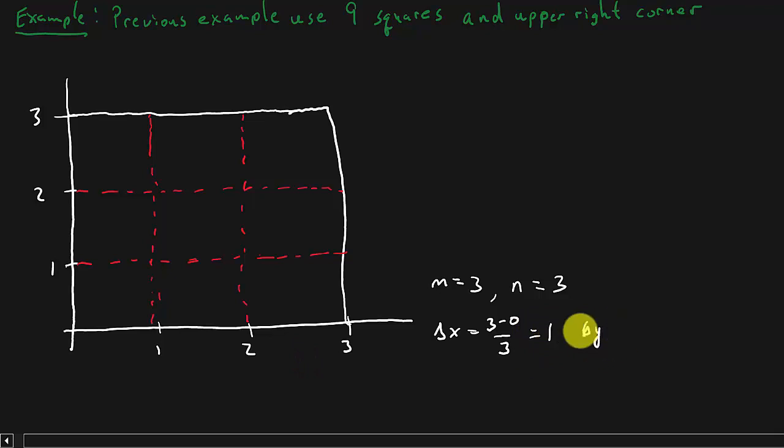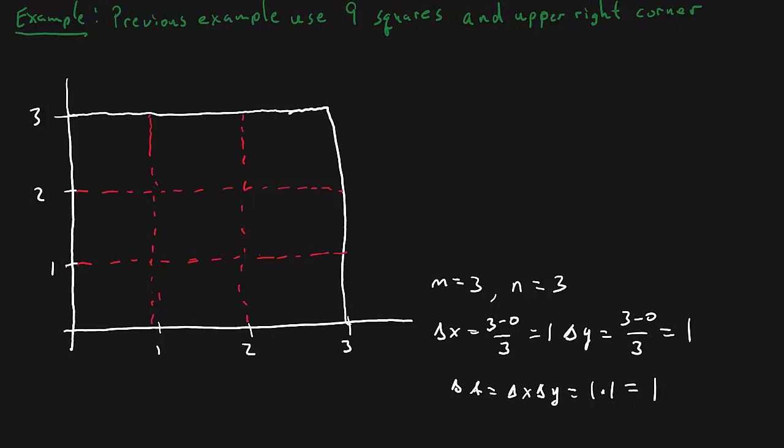And delta y is equal to d minus c, 3 minus 0 over n, which is 1 also. So we've got delta A, remember that's delta x times delta y, which is 1 times 1, which is 1.